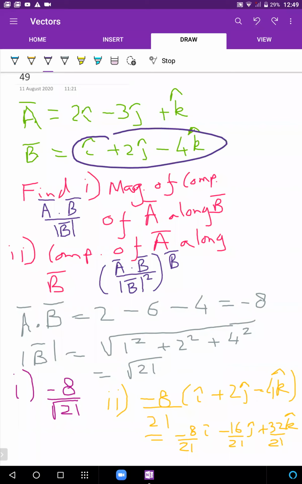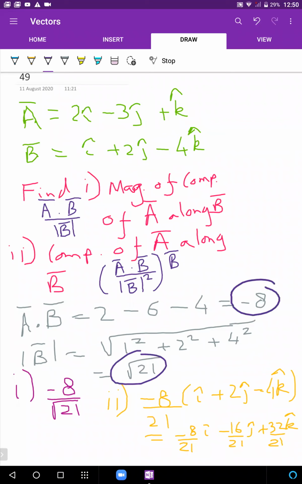Find the magnitude of b bar. So √1 square, the next coefficient is 2, 2 square, the next coefficient is 4, ignore the sign, 4 square. So √1 + 4 + 16, that is √21. Two simple things. Dot product is -8, magnitude is √21.